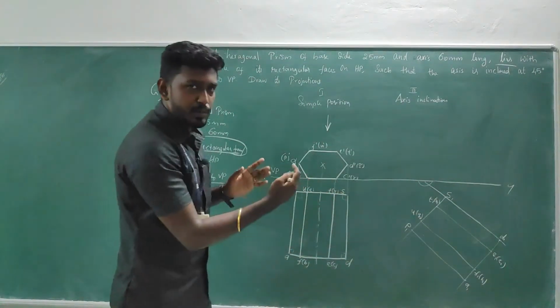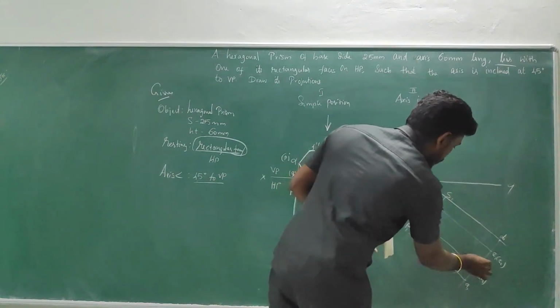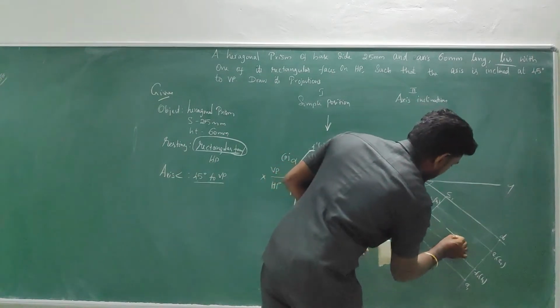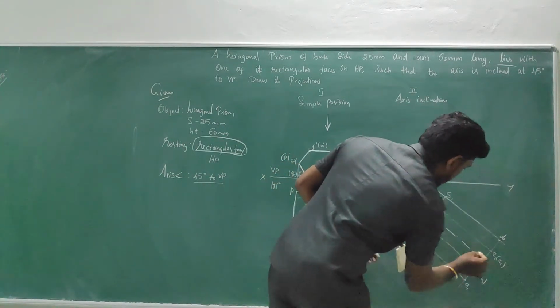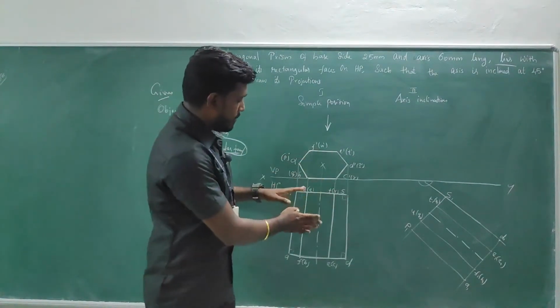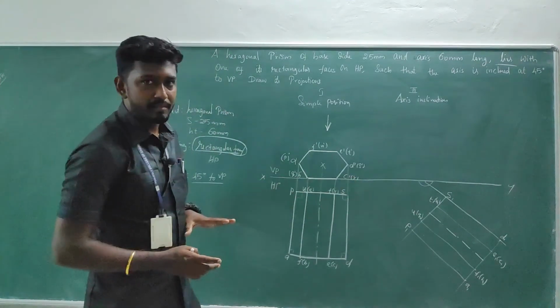One more axis is there. For that also, with respect to any of the edges, you can take the measurement and transfer it over the object. Okay, so that you will get the axis for the position. We have just reproduced the same image of the previous stage top view in inclined manner.